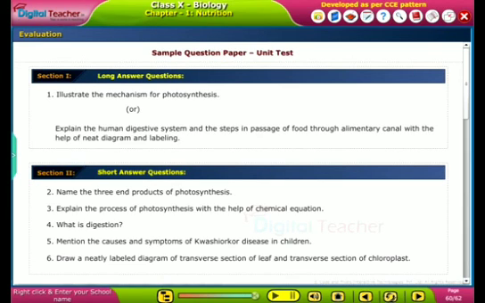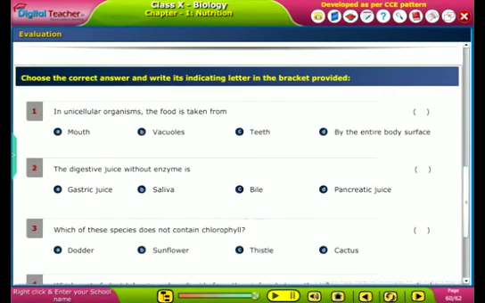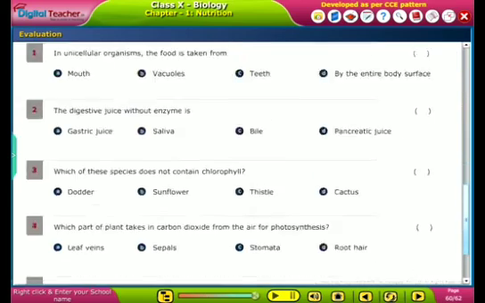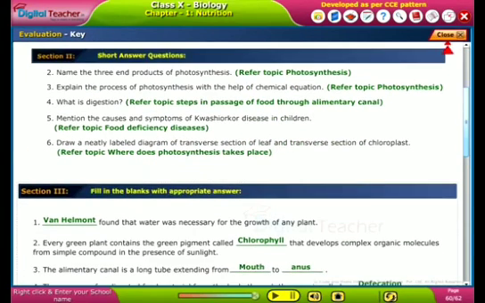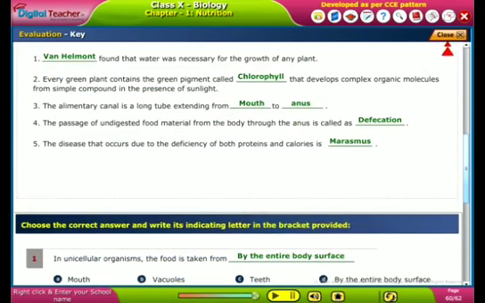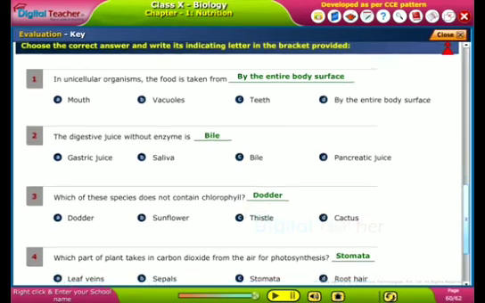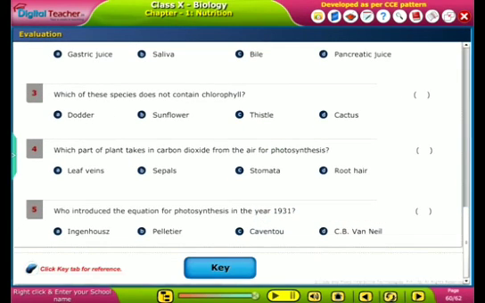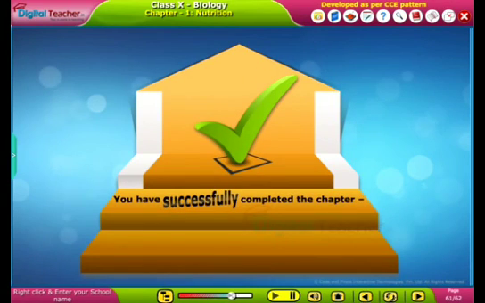Test your understanding of the chapter by taking the mock unit test. You have successfully completed the chapter Nutrition.